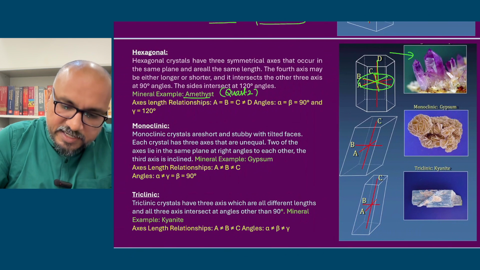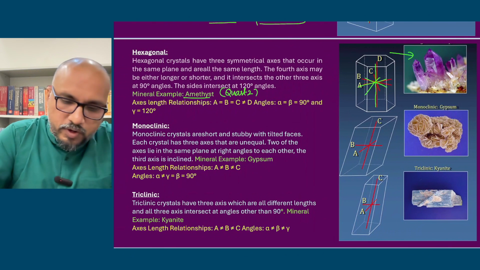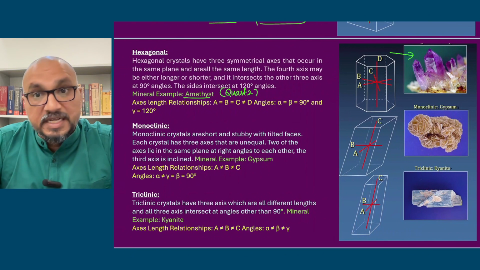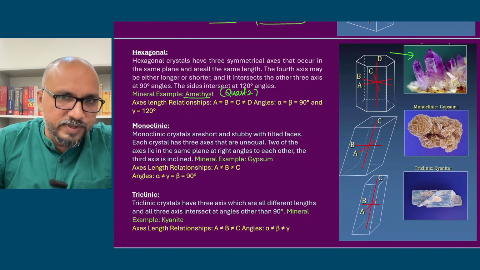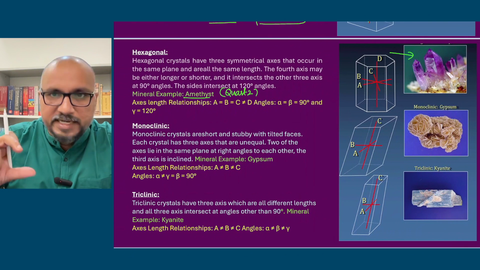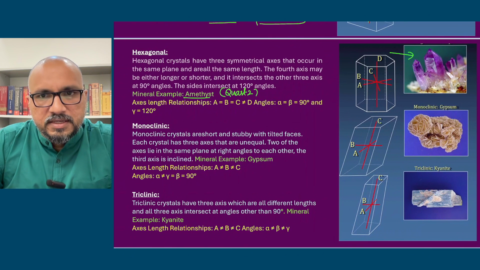So D axis in the vertical plane, so you can see here D axis is in the vertical plane, और जो ABC axis है वो horizontal plane में है. Okay, so D axis can be longer and it can be shorter. ABC axis सेम लेंथ के होंगे, पर D axis जो है या तो ये लंबा हो सकता है या फिर ये छोटा हो सकता है, it can be longer and shorter, ठीक है. So that is the relationship between the ABCD axis, the length.